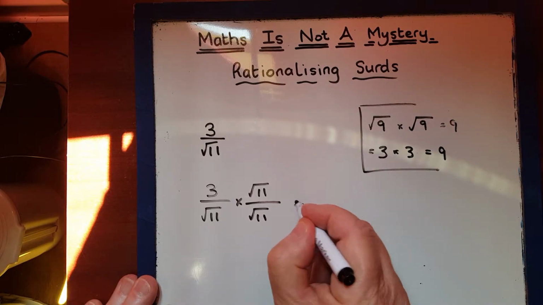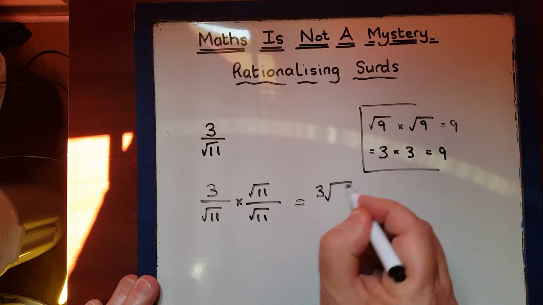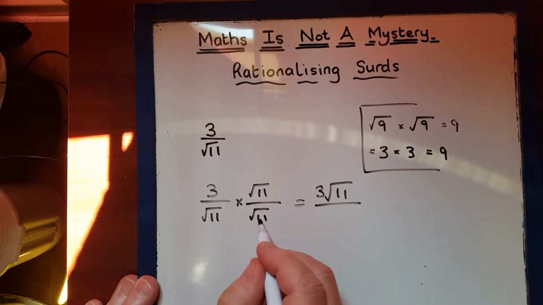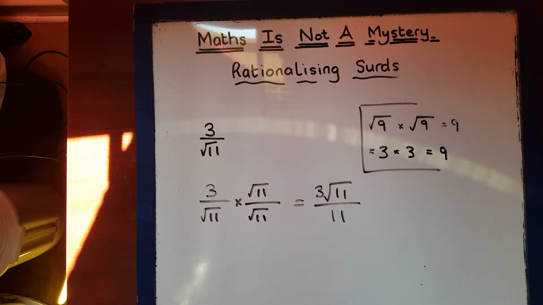If we do that, 3 lots of the square root of 11 looks like this, and the square root of 11 multiplied by the square root of 11 is 11. And now we've rationalised it, because on the bottom of our fraction now, we don't have a square root. We have a real number, a rational number, which is why we've rationalised it.